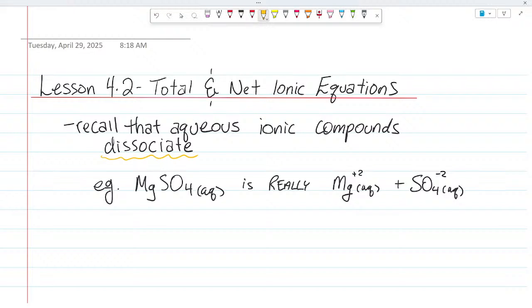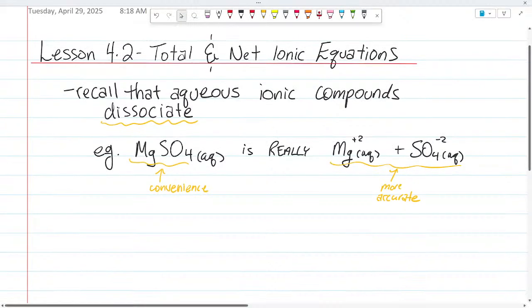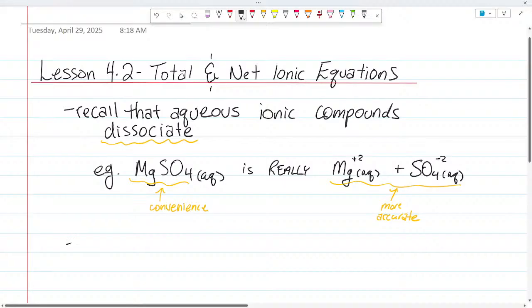Now, we write it this way for convenience. I have no confidence that that is spelled correctly, but this is more accurate. So we usually just use the AQ nomenclature to keep things neat.